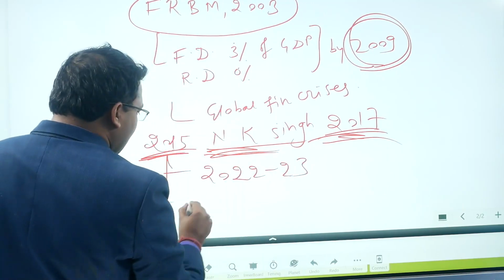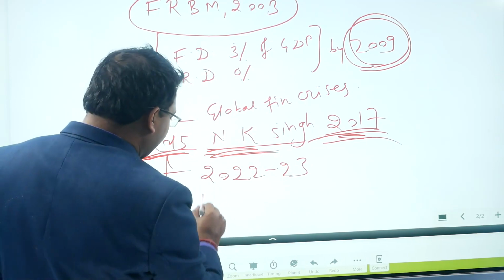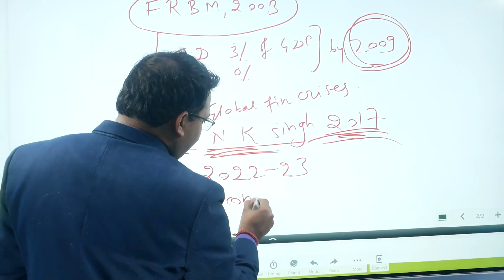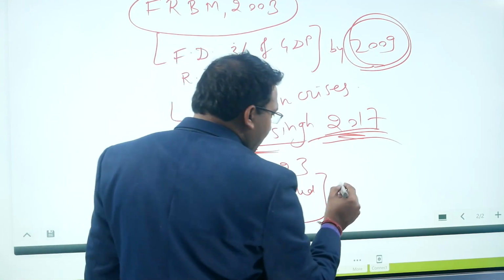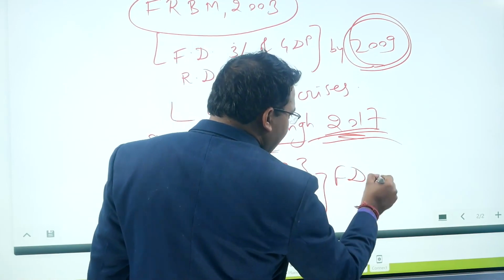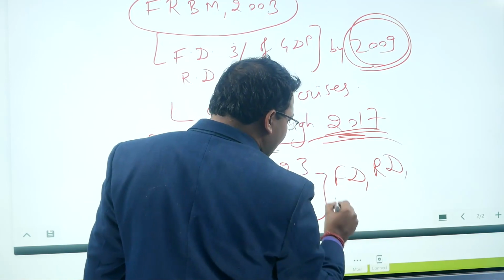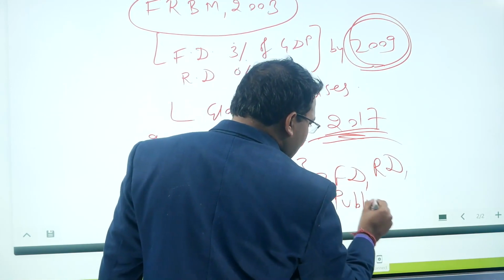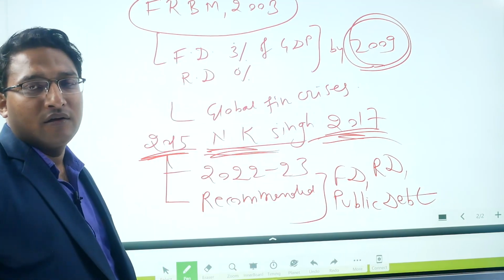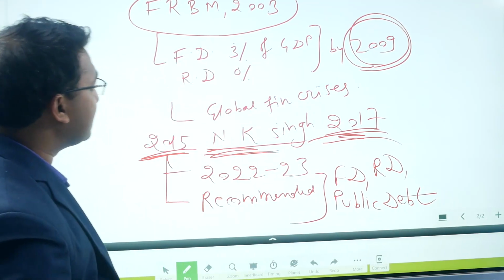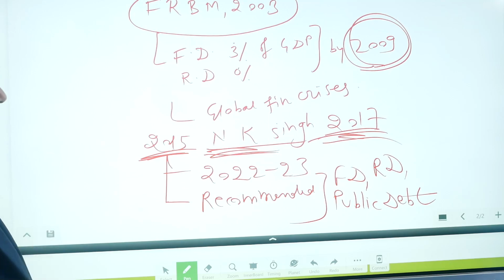At the same time, there are some other recommendations. It recommended that there should be a target of fiscal deficit, a target of revenue deficit, as well as control over the public debt. So let us see the recommendations in detail.